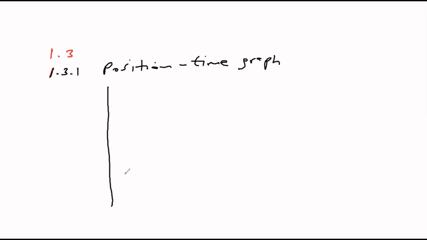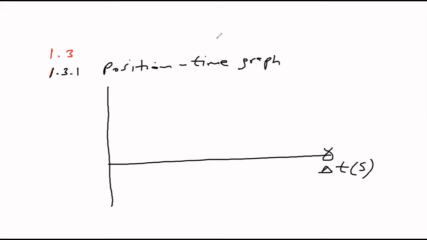We take downwards as positive. So along the x-axis we have the time, which you can just write as t. Then we have 0 here. Along the y-axis we have displacement measured in meters. Okay, let's check. The height is 10 meters.